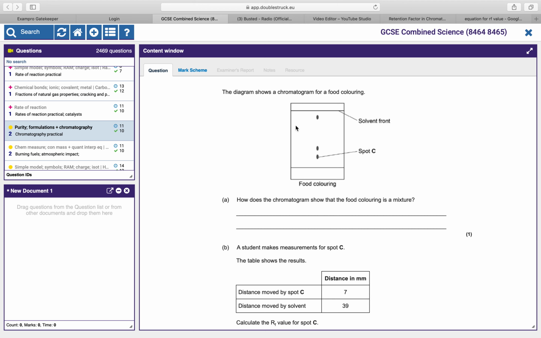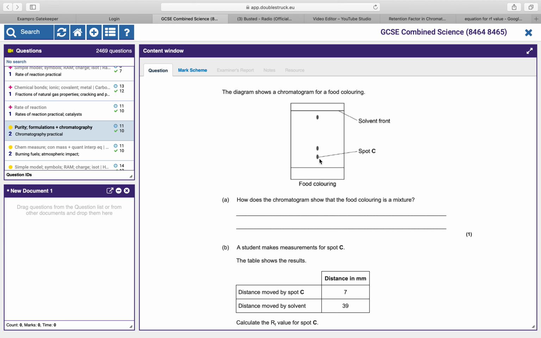That liquid is known as the mobile phase. You can always think of it as mobile is to do with movement. That's why you have mobile phones. You could be on the move when you've got the phone. So the mobile phase is what's moving, and that's the liquid that's climbing up.